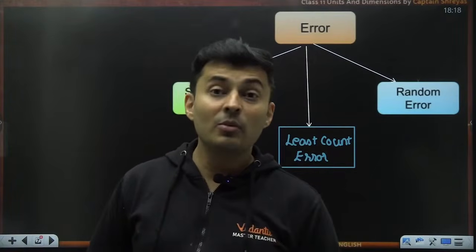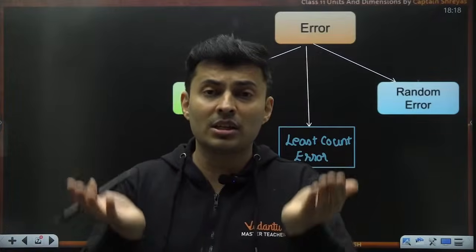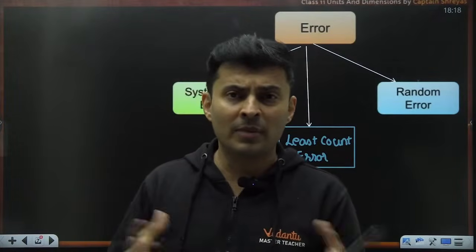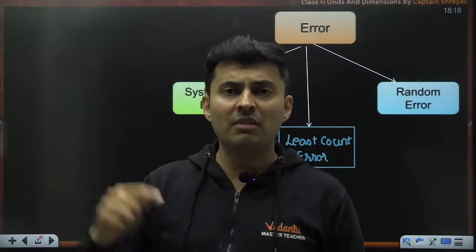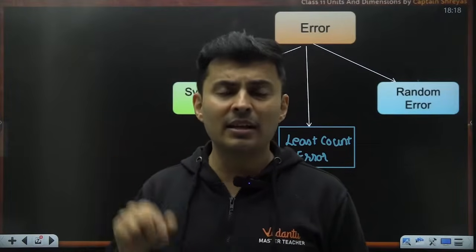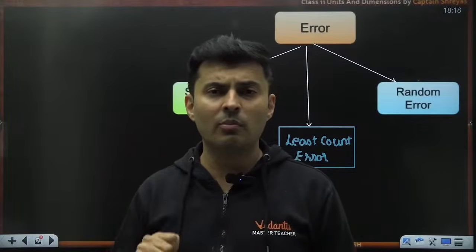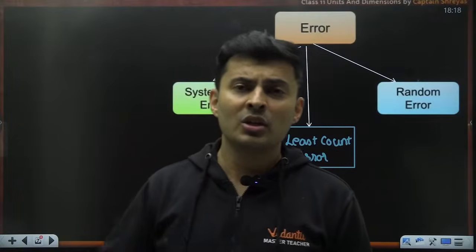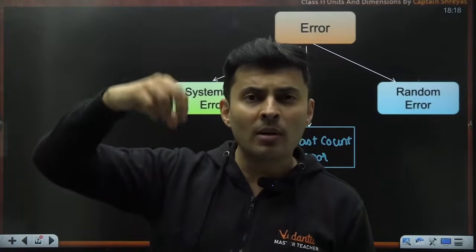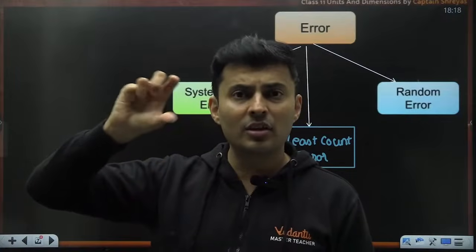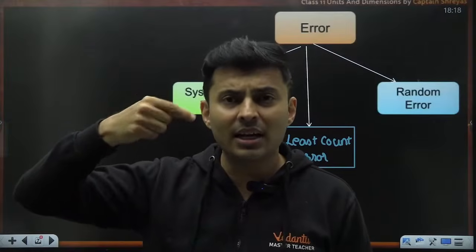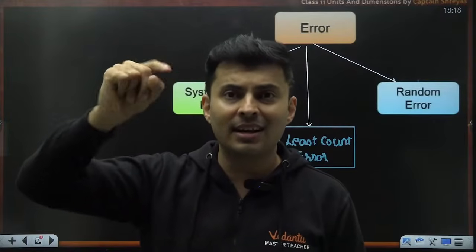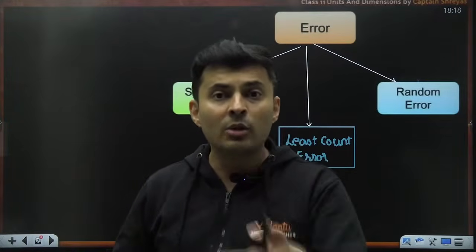In the same way, you might have seen a digital weighing machine in a shopkeeper's place, or maybe at the billing counter. It might have a decimal reading till 0.1: 20.1 kg, 20.2 kg, 20.3 kg. So even if you add some more mass on it, let's say it is showing 20.3 kg, it will still show 20.3 until the mass exceeds some 100 grams, and then it will go directly to 20.4.